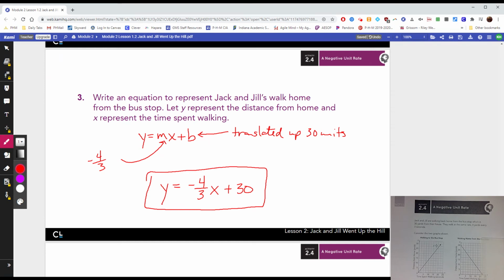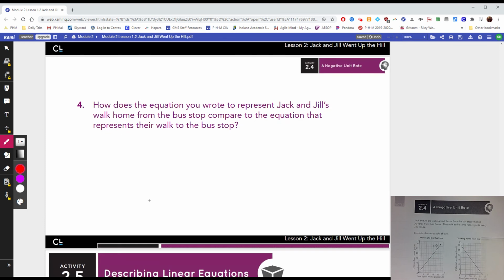How does the equation you wrote to represent Jack and Jill's walk home from the bus stop compare to the equation that represents their walk to the bus stop? That's question number 4. Their walk to the bus stop. I believe this was back in activity 2.1, the very first thing we did.